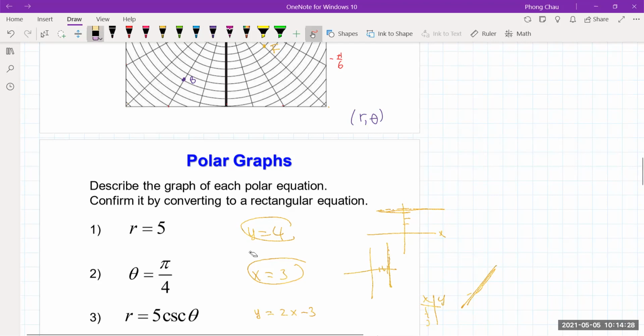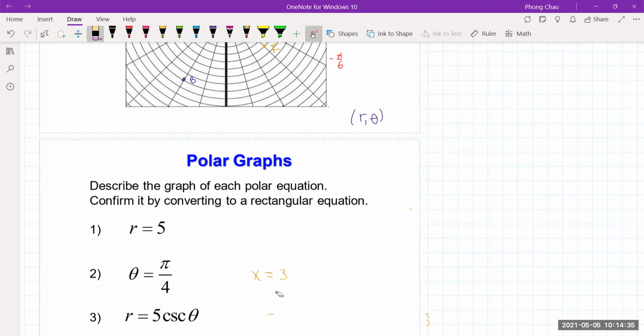Similar to the rectangular coordinate system, we have equations that involve r and theta, right? So r is like y and theta is like x. So when you have r and theta like this and you want to graph, you're going to plot points, okay? We're going to look at number 3 first.